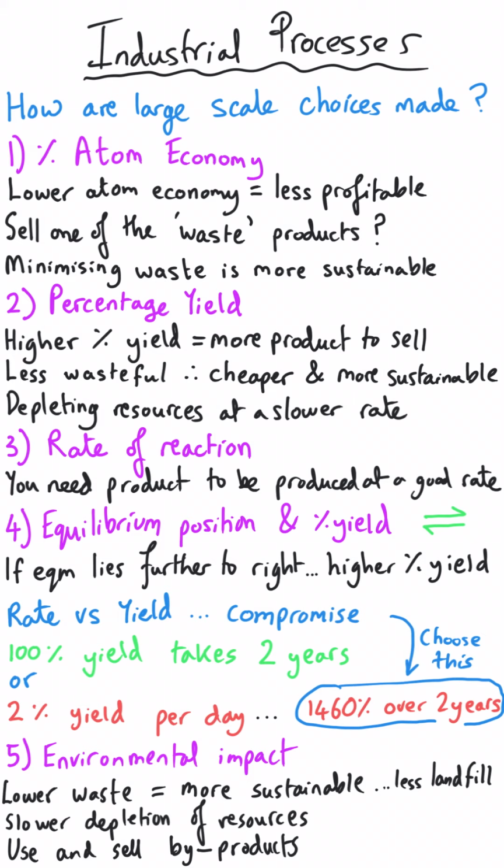Now, ammonium sulfate, you'll hopefully remember, is actually a fertilizer. So even though the nylon production process is all about the nylon that we are going to use for clothes, etc., the ammonium sulfate can be turned into fertilizer to help crops to grow. So that minimizes waste during this process.